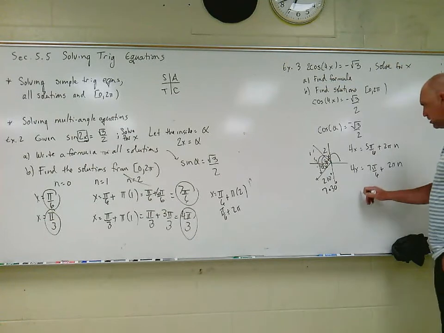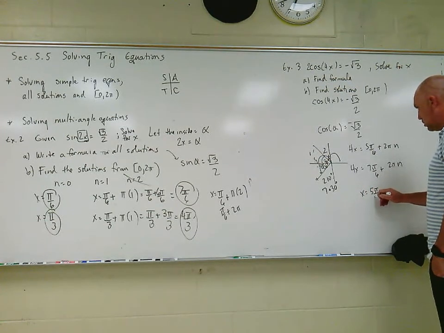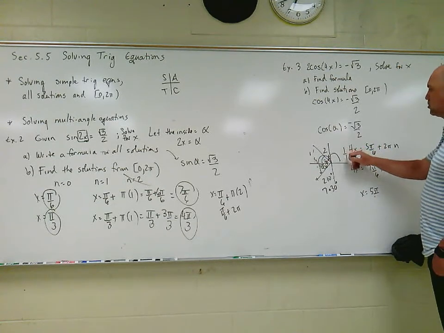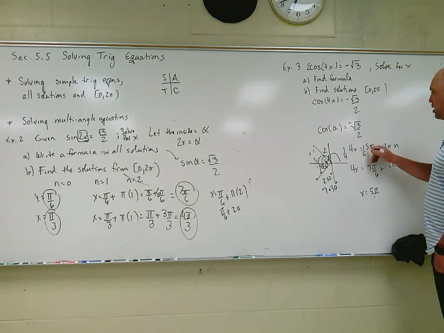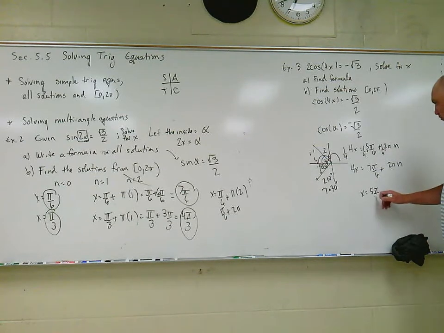So we get x equals 5 pi over, if you divide by 4, so look, dividing by 4 is the same as multiplying by a fourth. That's how I would work it. So it's going to be 5 pi over what? 24. What's 2 pi n over 4? Pi n over 2.